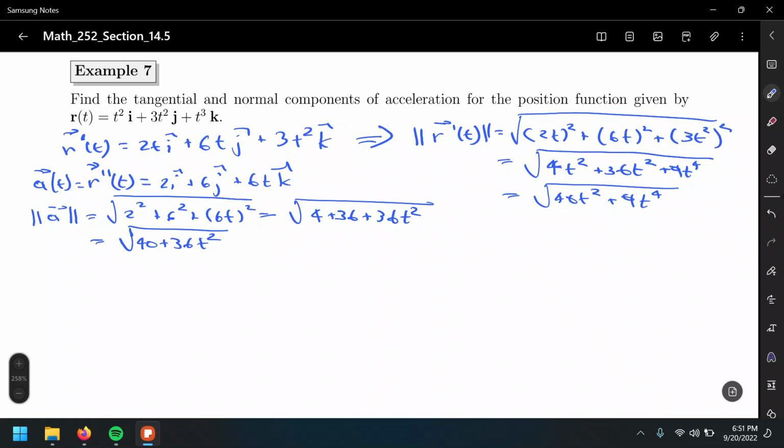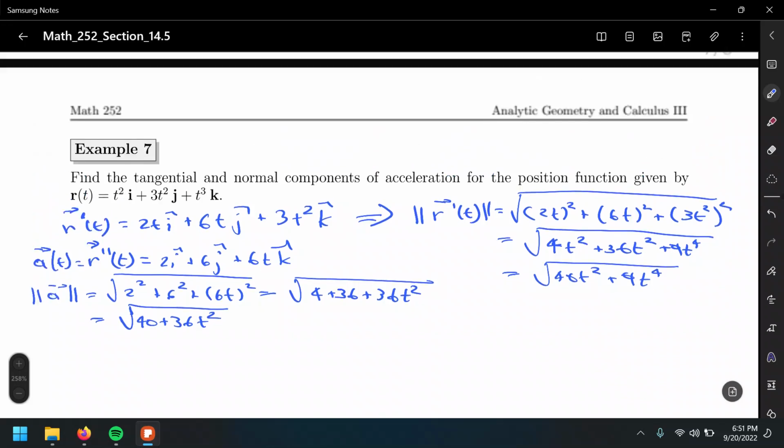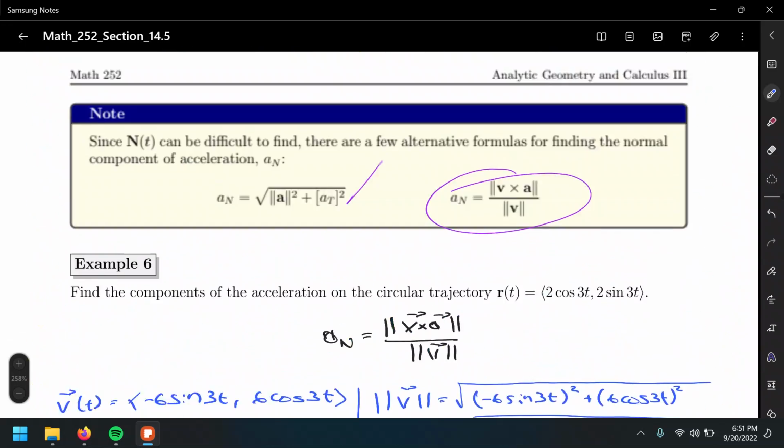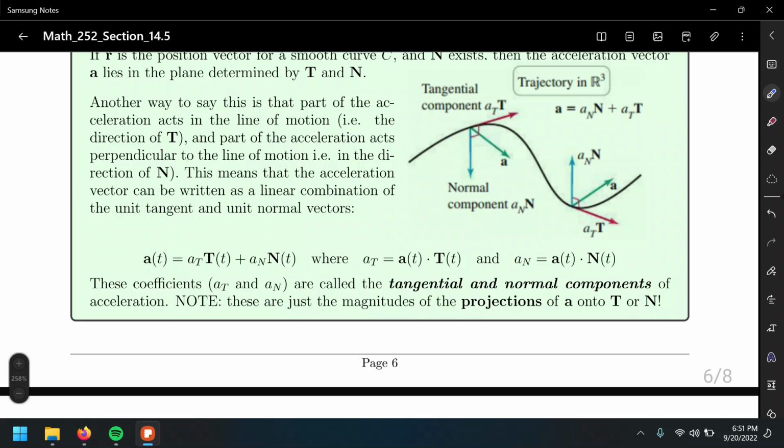So to find the tangential component of the acceleration, okay, let me go back a couple of pages. So we need to multiply the acceleration vector, which we already did, times the tangential. Well, the tangential is not that crazy to compute, all right? It's just the derivative of the vector divided by its magnitude. And the crazy one is the normal vector, and no, we're not going to do the normal vector.